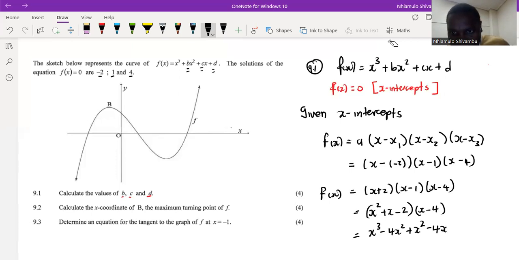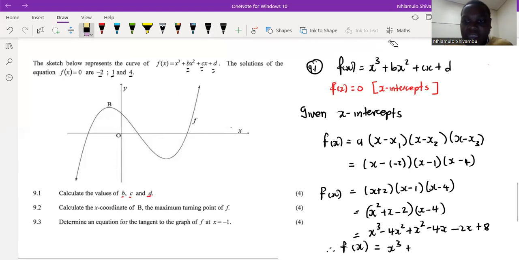And then we have minus 2 times x, which is minus 2x. And then minus 2 times minus 4 gives plus 8. Therefore, f of x will be given by x cubed minus 4x squared plus x squared, which gives us minus 3x squared.